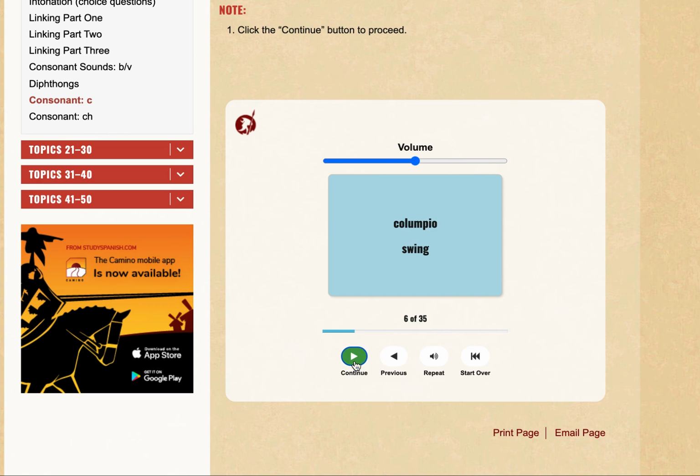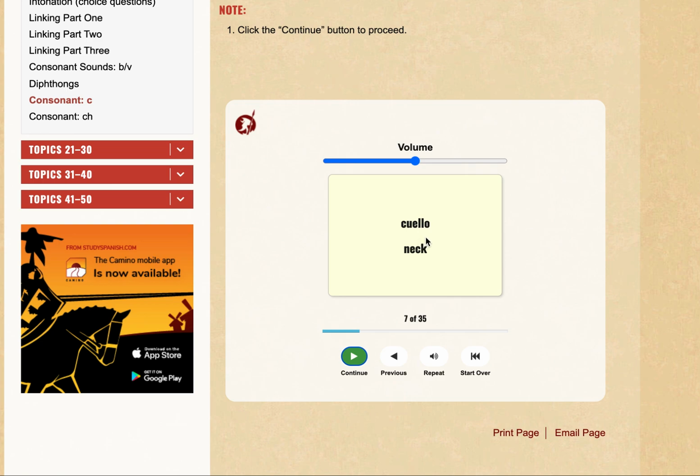Columpio. C with the O, again the first group, hard C. Columpio, swing. Cuello, neck.